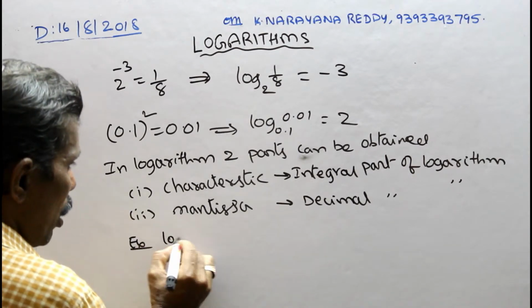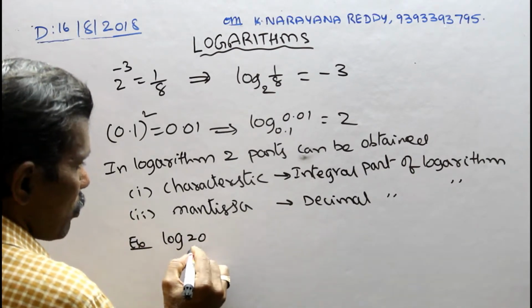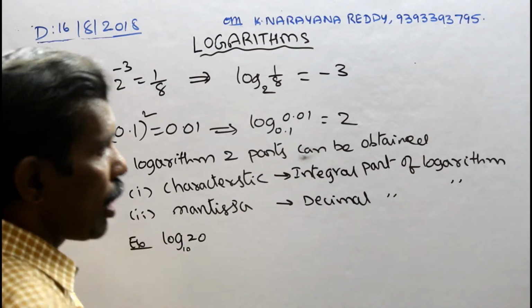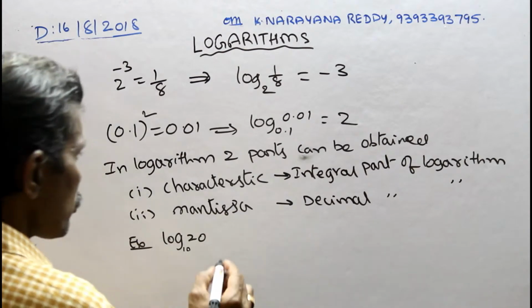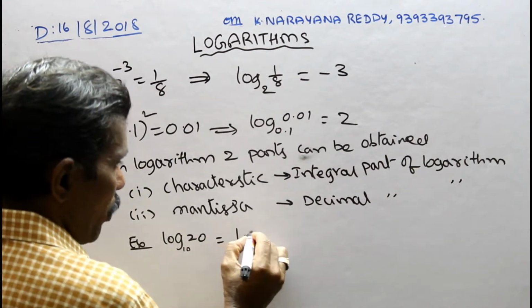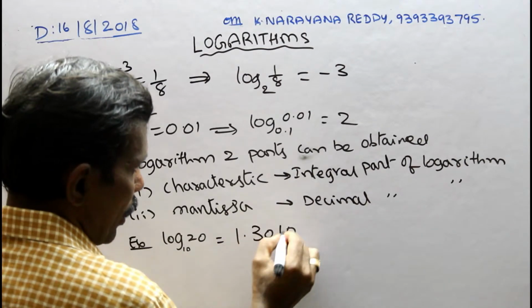log 20 to the base 10. This is common logarithm. It equals 1.3010.